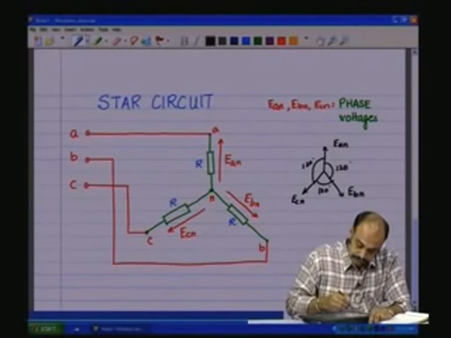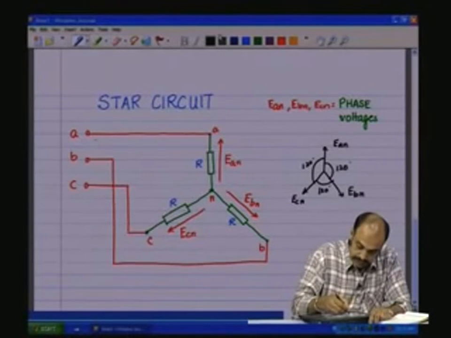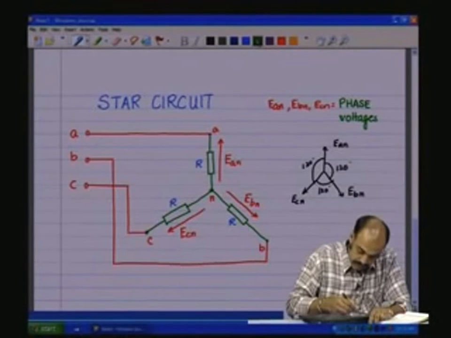Now, let us look at these voltages. Now, let me take another color.